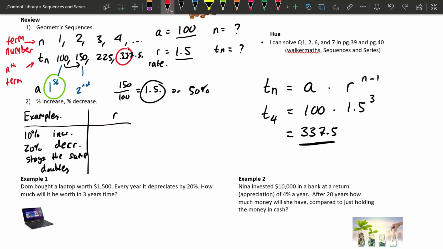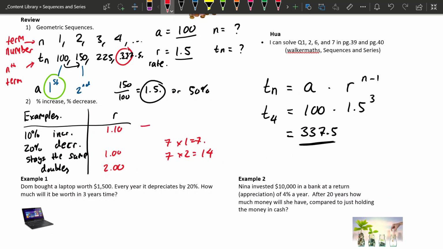Let's just say it stays the same first. If something stays the same, then you multiply it by 1. For example, 7 times 1 is 7. It stayed the same, yeah? If it doubles, then you multiply it by 2. So your r value would be 2 if it doubles. 7 times 2 is 14. If it increases by 10%, then we multiply it by what? We multiply it by 1.10.